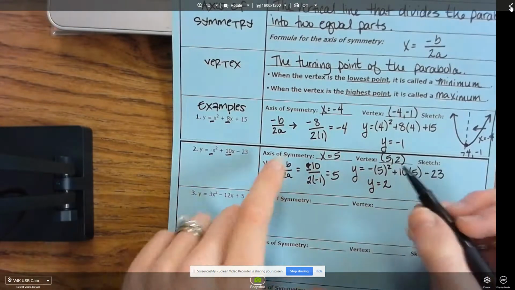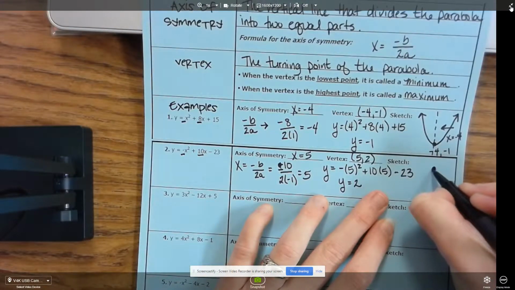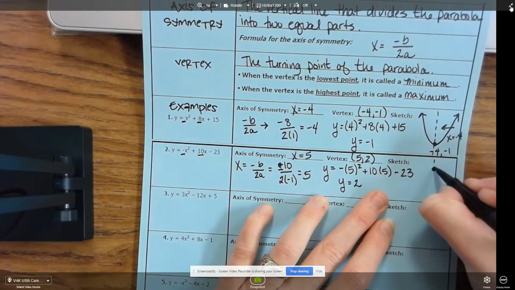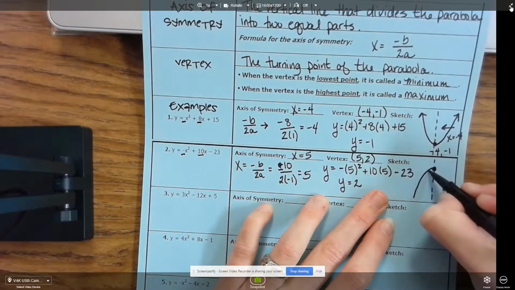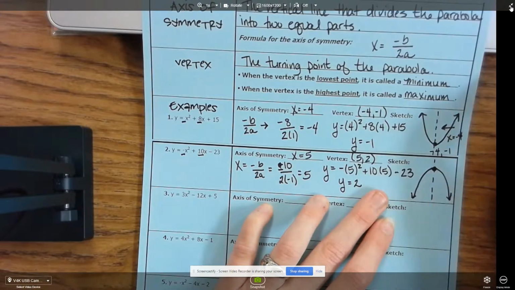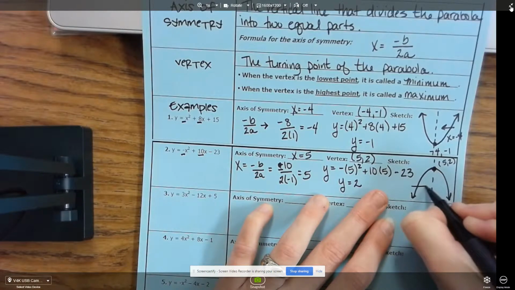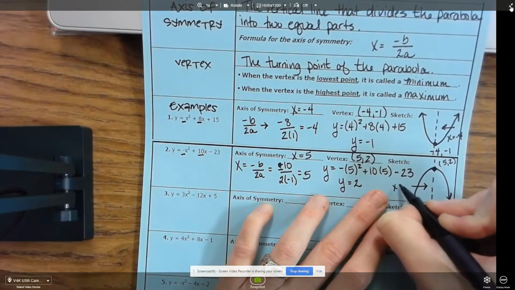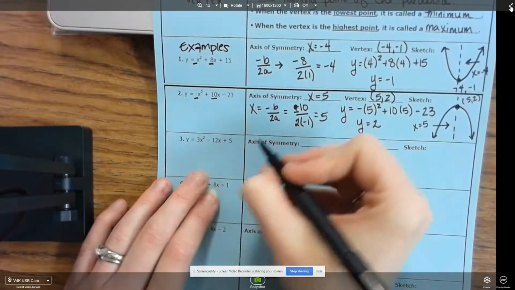Again, remember, if your a value is negative, it's going to be a frown. So there's my vertex, axis of symmetry, and then my parabola. This point would be (5, 2), and my axis of symmetry would be x equals 5.